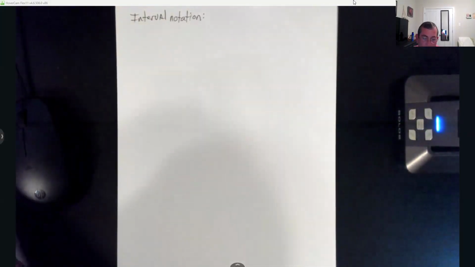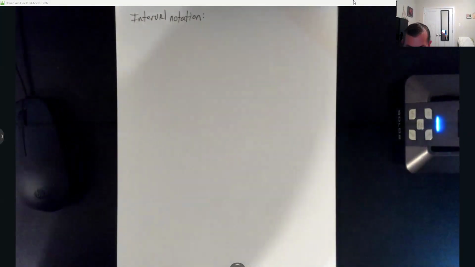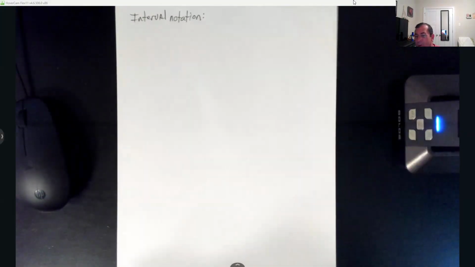So interval notation is basically a shorthand way to write domains without me having to put X, such that X is a real number and X cannot equal whatever numbers.